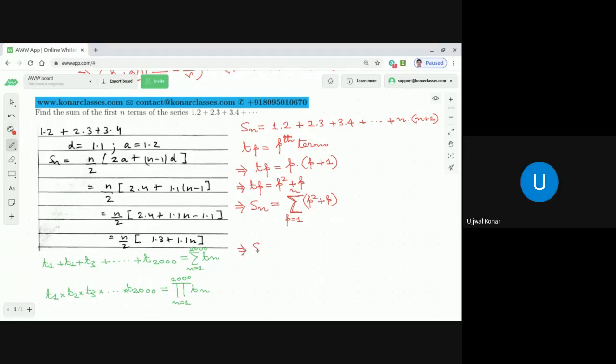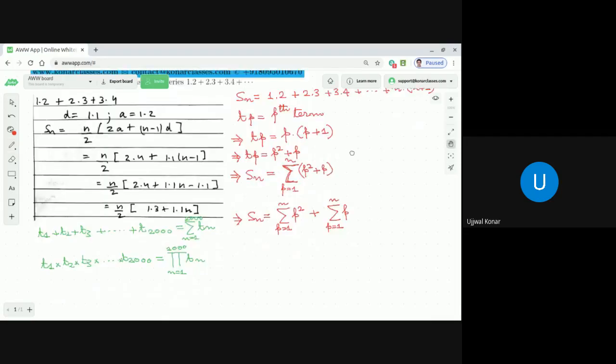From there, this implies Sn is equal to summation of p square, where p is equal to 1 to n, plus summation of p, where p is equal to 1 to n. Correct, dear students?